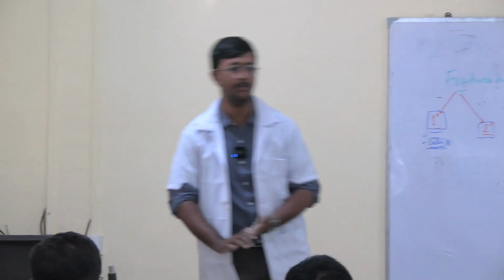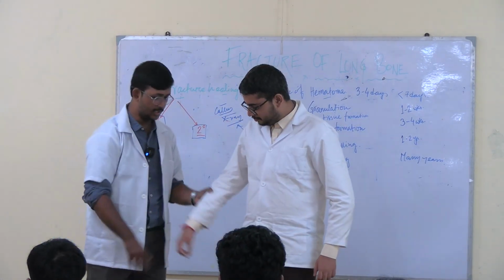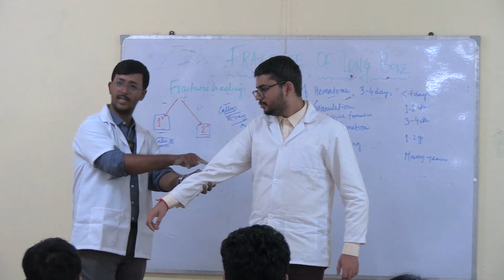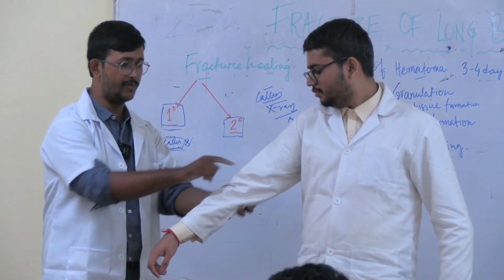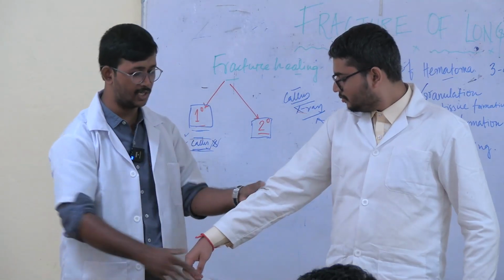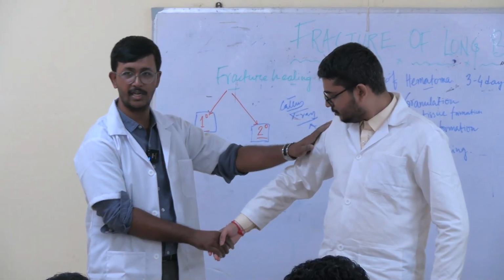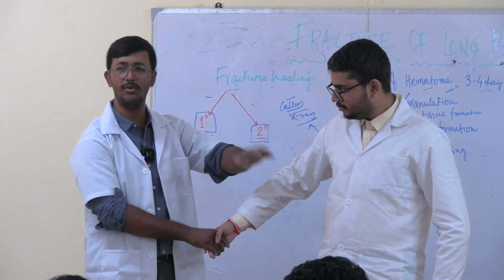Suppose, let me give one example. Please come. Is it okay if I touch? See, suppose there is a fracture here. Now you want to reduce it. How to reduce the fracture part? One person will be lying down or sitting.